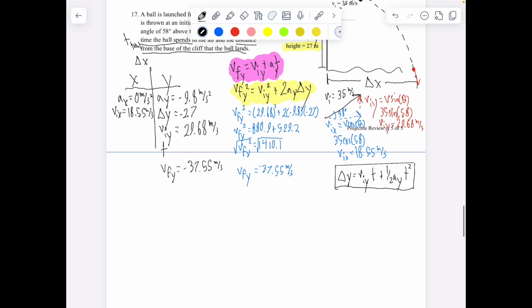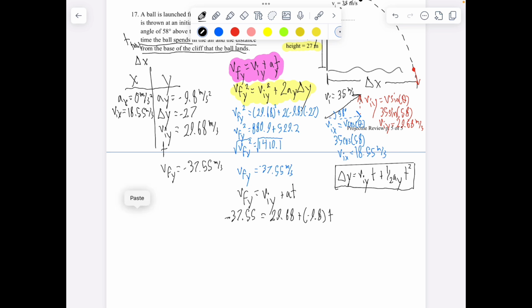So let's rewrite our equation right here. Final velocity in the y is our initial velocity in the y plus our acceleration times time. That final velocity, negative 37.55. Initial velocity, 29.68 plus our acceleration of negative 9.8, and we're solving for our time.